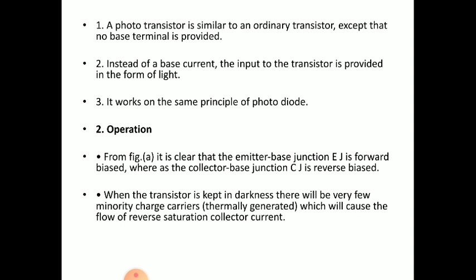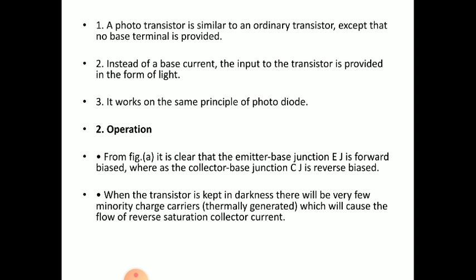The base current is the most important thing in the CE transistor amplifier; it makes the transistor on and produces the amplification, IC equals beta IB, right? But in this case, IB is 0 because we are not applying an external voltage, but base current is generated because of the light intensity.